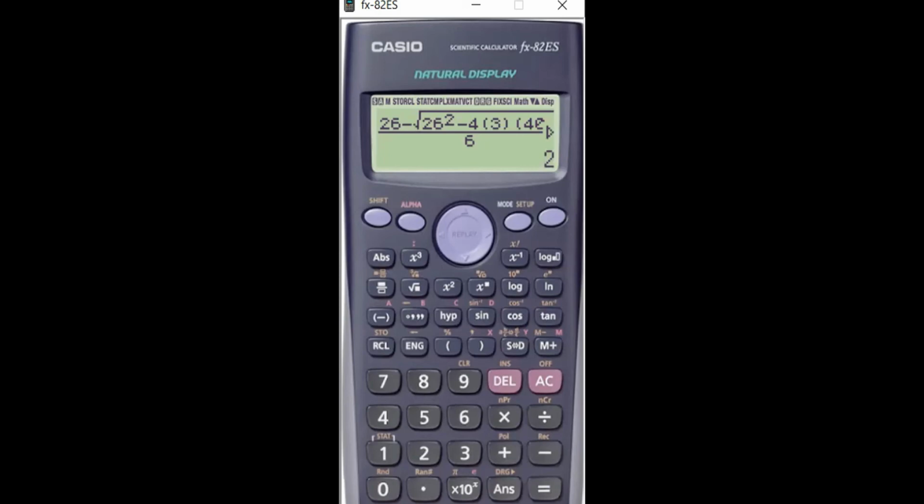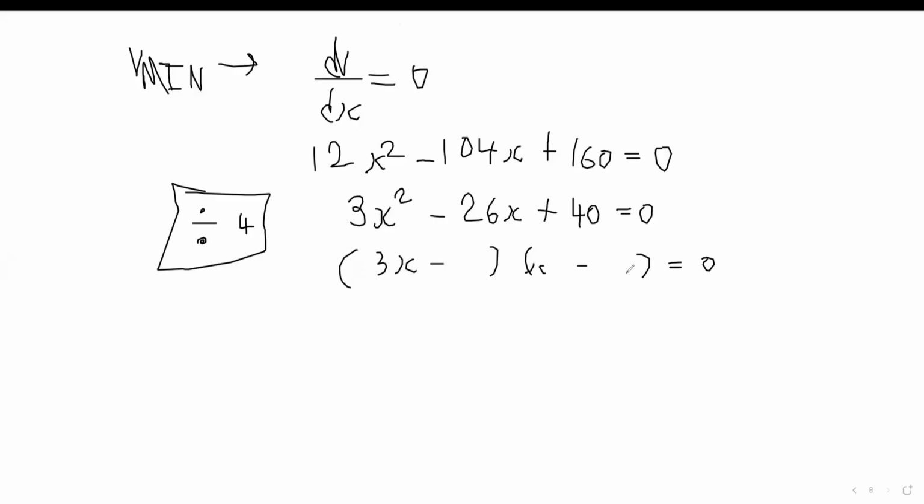Come on, man. How did I not see it's 2 and 20? That's so sad. 2 and 20. All right. So that means these are the two x values, 20 over 3 and 2. Now notice I get 2 x values. So in order to determine which one of them the volume would be minimum, we need the second derivative.